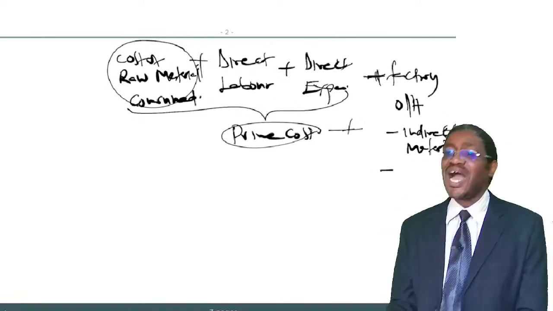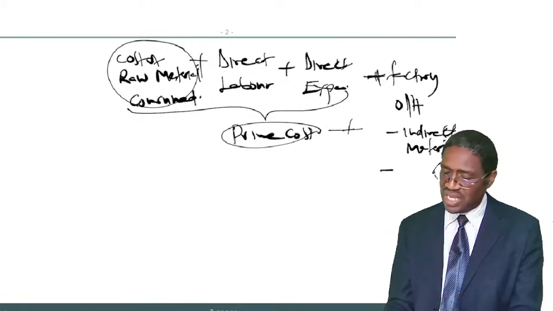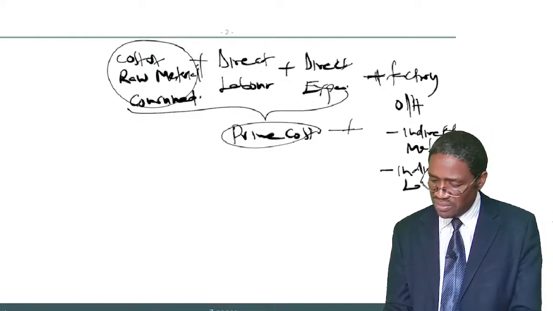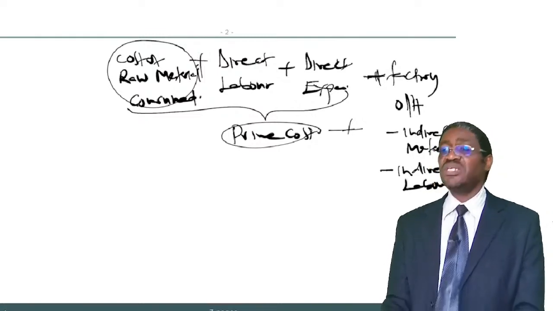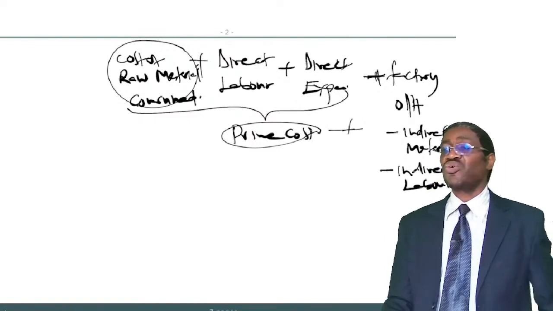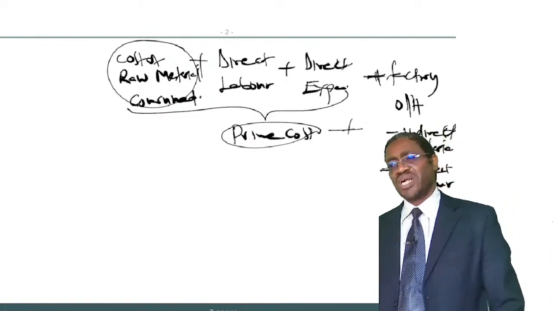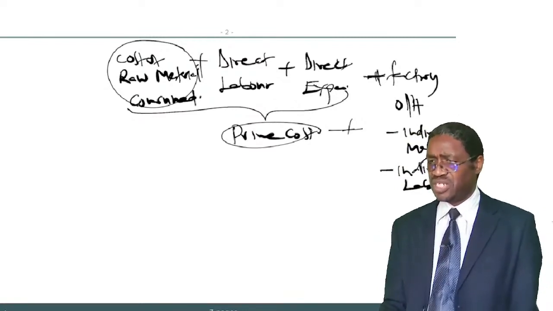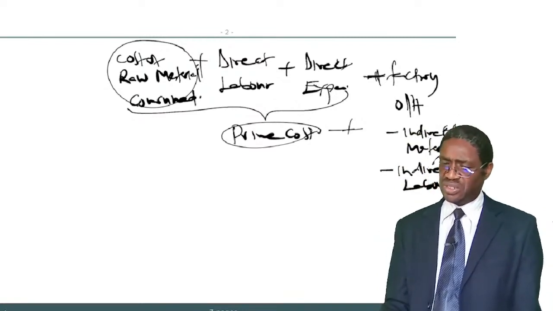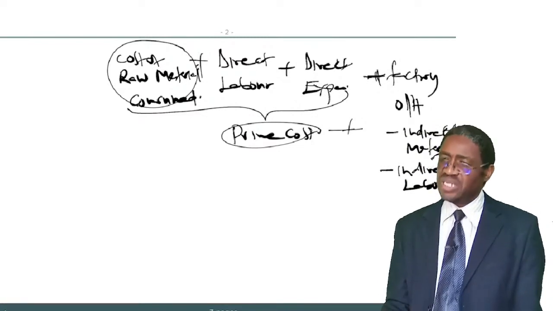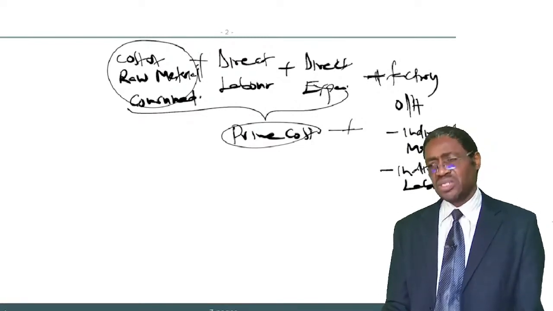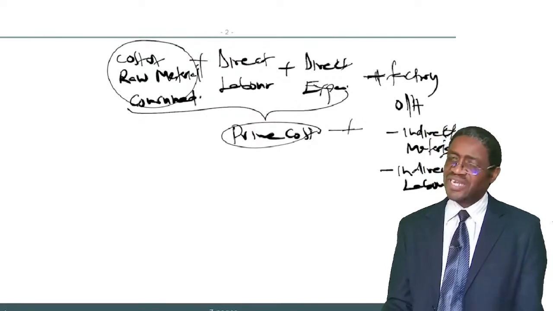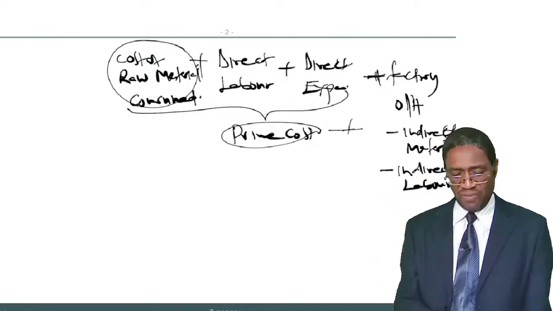The same thing applies where we discussed indirect labor. You need the services of the factory cleaner. That factory cleaner, I told you, does not manufacture tables, but you need his services. Because you need his services, the wages you pay such a worker are classified as a factory overhead.